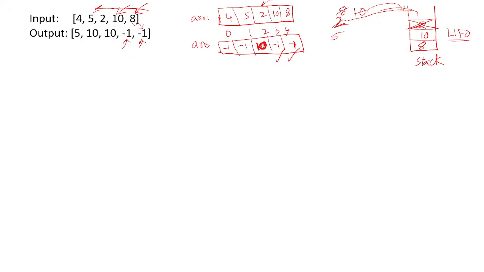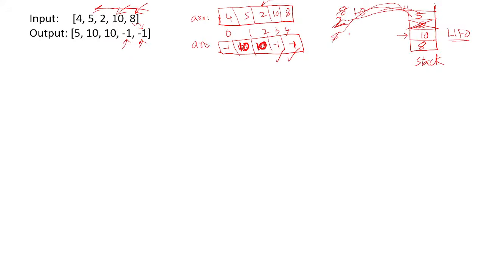So this is popped. Then again you check whether the stack top, now this is the stack top element, contains a greater element. Yes, 10 is the greater element. 10 greater than 5? Yes. So this 10 we will add to this array here. Now 10 will be stored here. Then we'll push 5 into the stack.